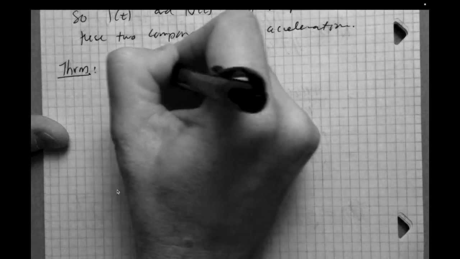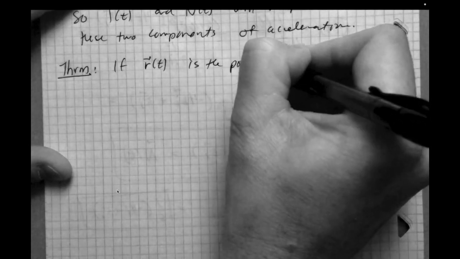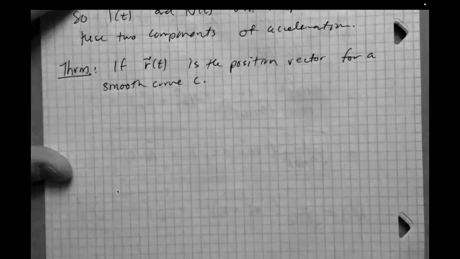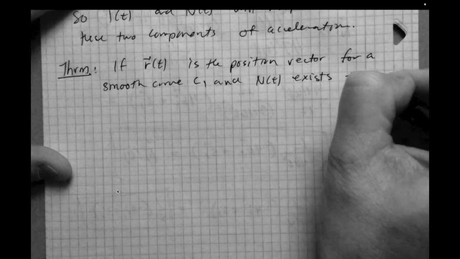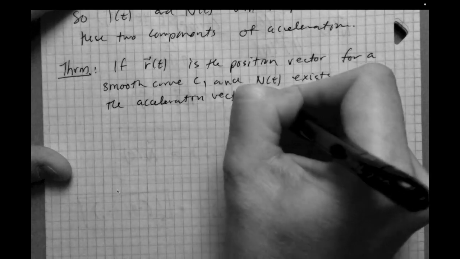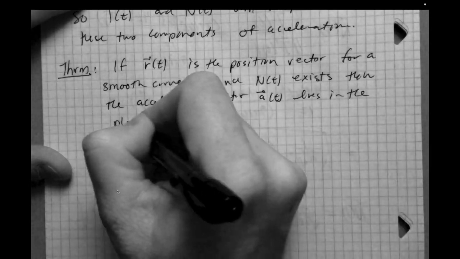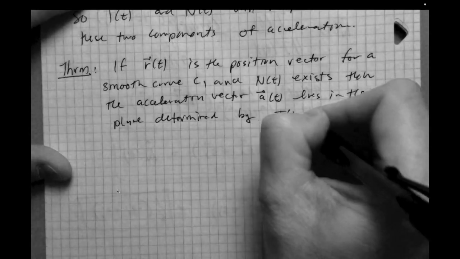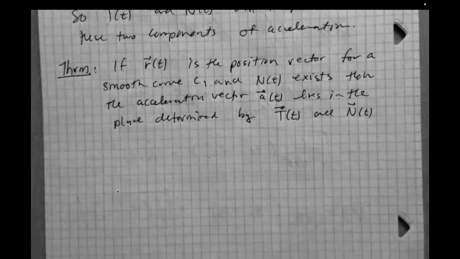If r of t is the position vector for a smooth curve C, and N of t exists, then the acceleration vector A of t lies in the plane determined specifically by T of t, the unit tangent vector, and the unit normal vector, the principal unit normal vector N.